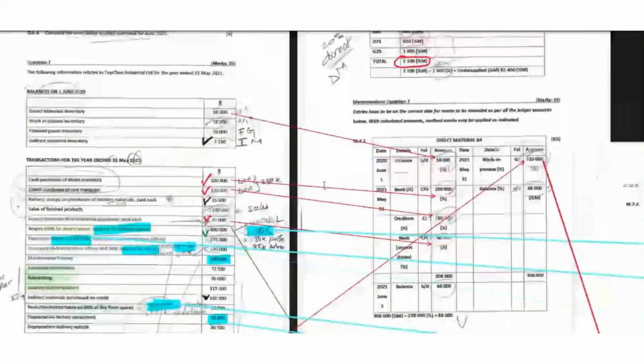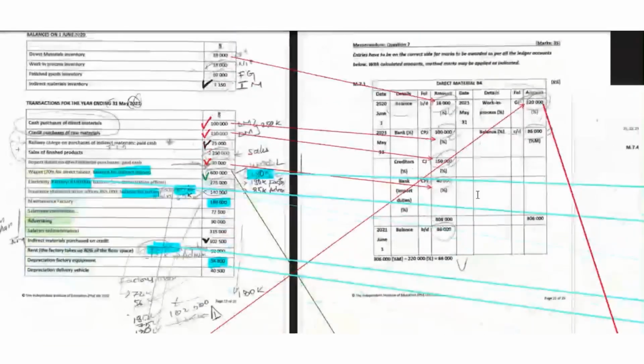So we are safe to say we have the opening balance, we have what transpired during the month, and we have a total. This provides us with the total. There is a balance of 68,000.